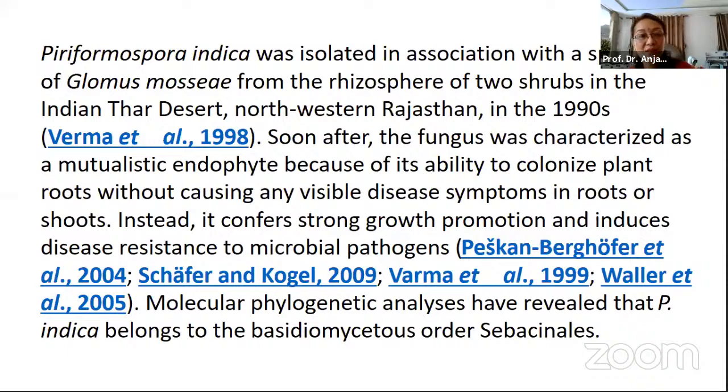So again, the supervisor told her to grow that Glomus mosseae on the synthetic medium again and again. The student grew it so many times, almost 6 times, on a synthetic medium. The supervisor was still not believing.